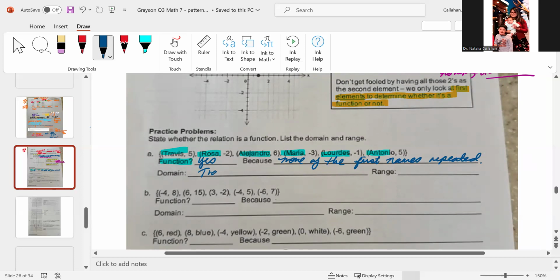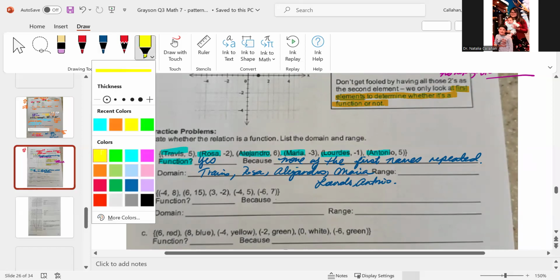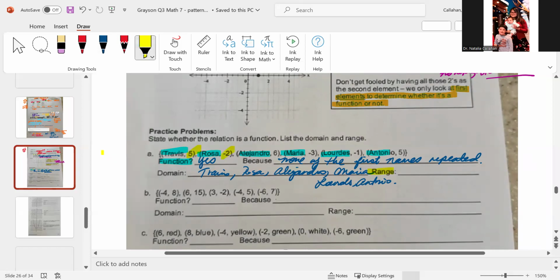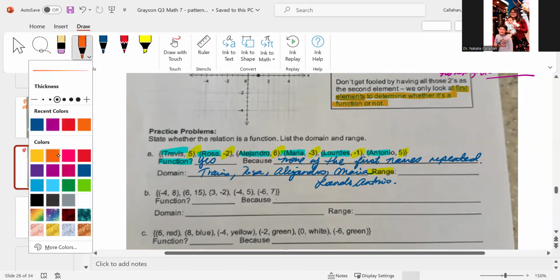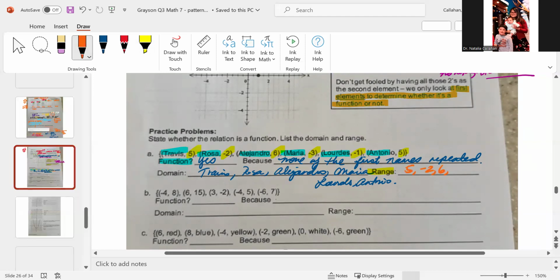What are the domains? Well, didn't I just say that? That's all the names. Now, the range is the Y value, which is the number after the comma. So that will be 5, -2, 6, -3, -1, and 5.